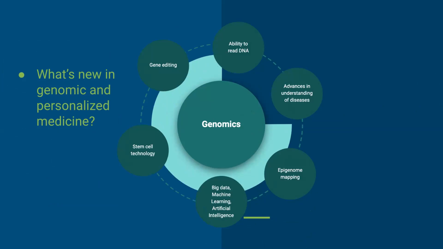We now have the ability to read DNA as if it were a map, which 20 years ago, that concept was laughable. We have big data. We have machine learning. We have the ability to process unbelievable amounts of information at unbelievable speeds. And then we have epigenome mapping.